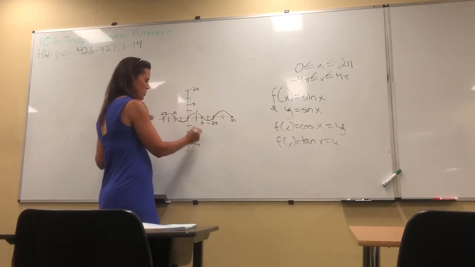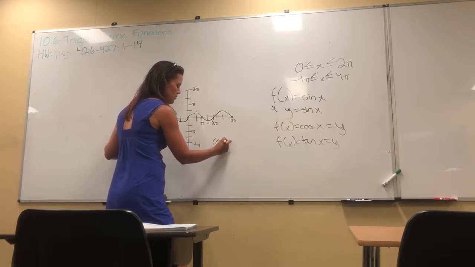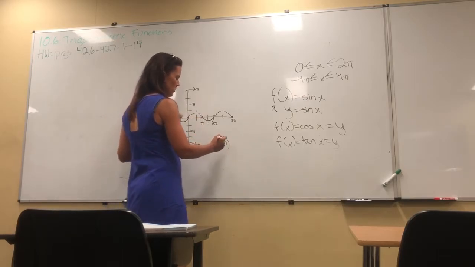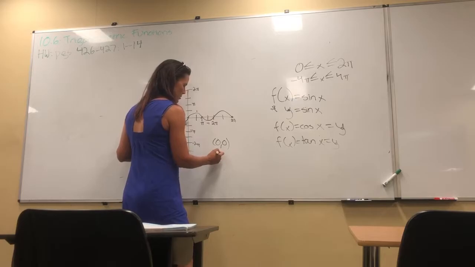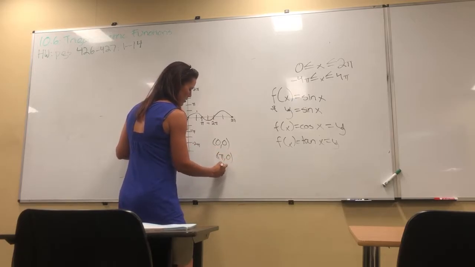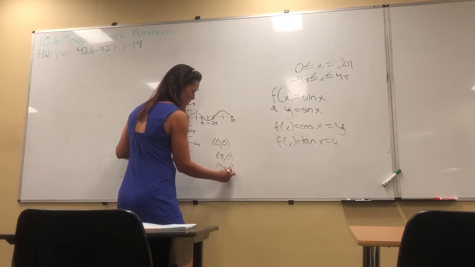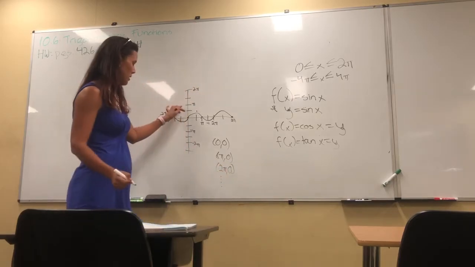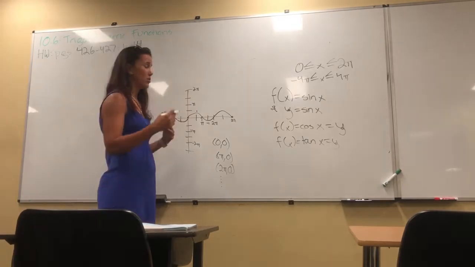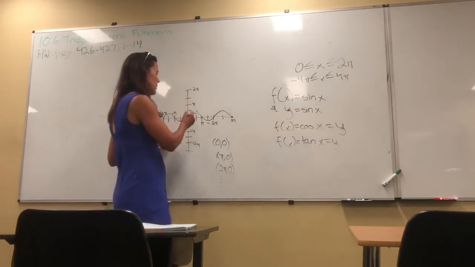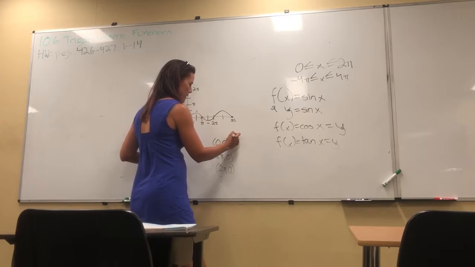The important thing to remember is you always pass through 0, 0, and then you always cross at pi, 0, 2 pi, 0, and so on and so forth. And then up here, your peaks, your crests, if you've already done physics, are going to be at 1.